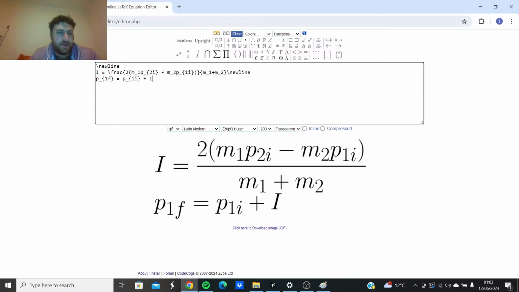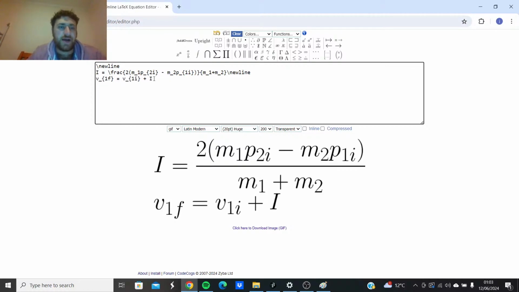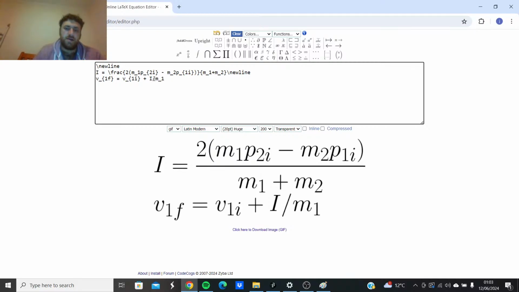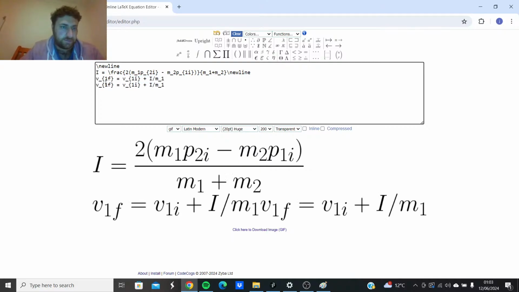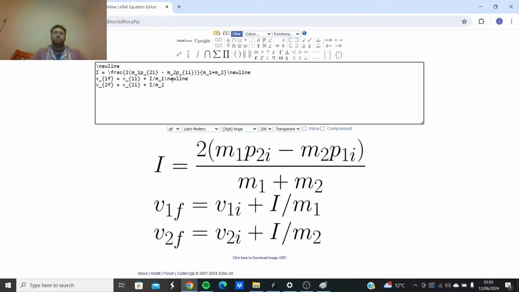So V1F is going to be equal to V1I plus I divided by mass 1, right? And same for velocity 2. These are our final equations.